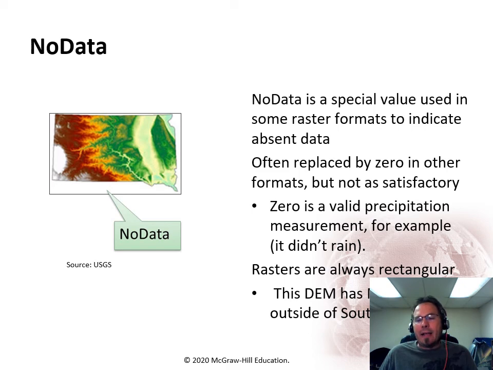A great example of this is when I've dealt with soil data from the USGS, or excuse me, the USDA. The pH values are often missing because of things like lakes. They don't take the pH of lakes, because you'd have to average it over the whole lake.